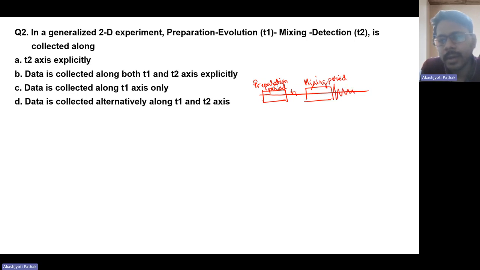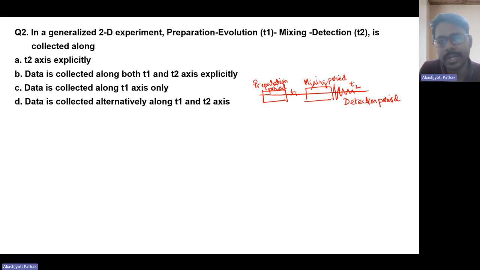Also called the T2 period, wherein the FID will be collected. So the main signal that is collected is in the T2 period. That is why this is also called the detection period. And the evolution period is also called the T1 period.